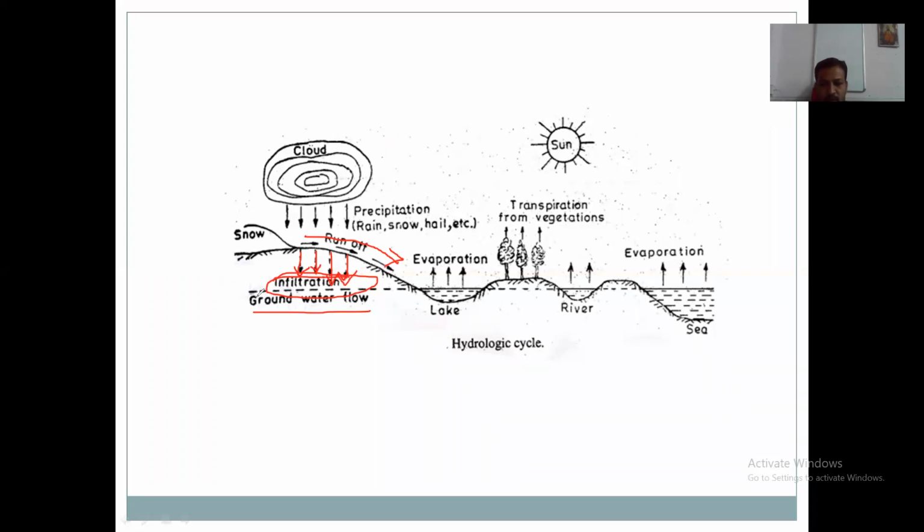The movement of water below the ground surface, it will move downward after the rainfall.